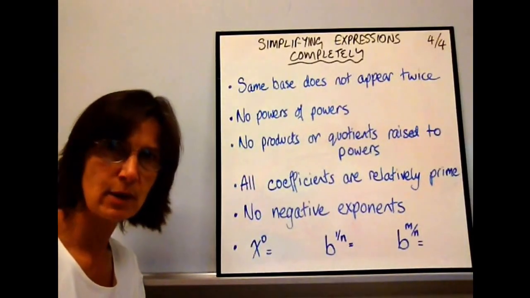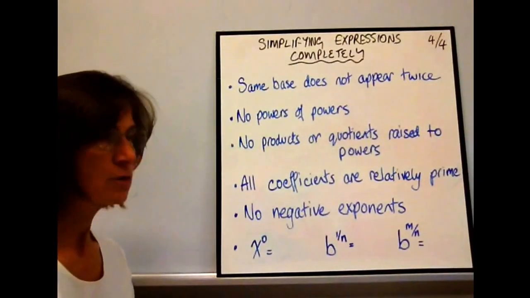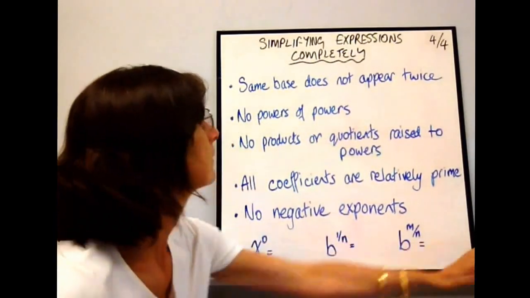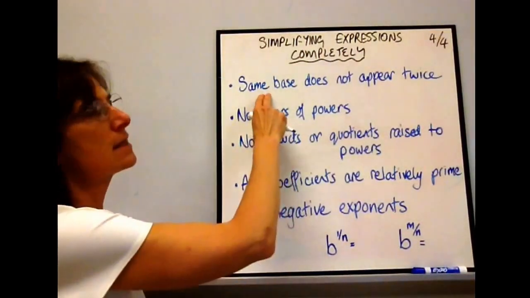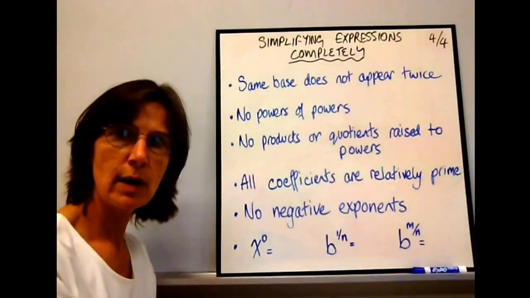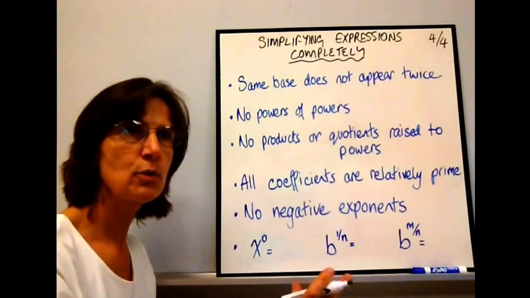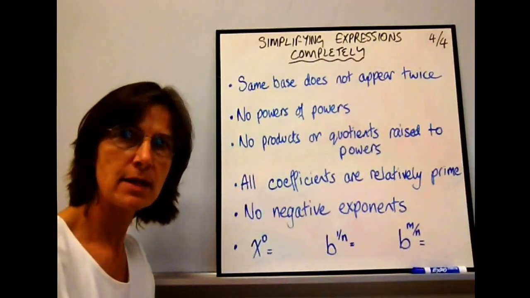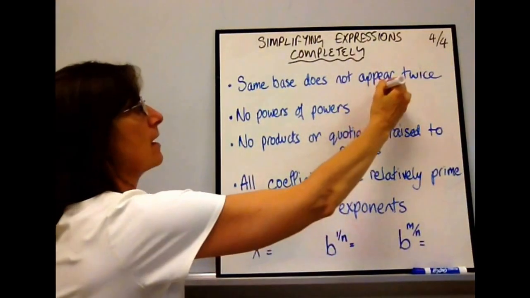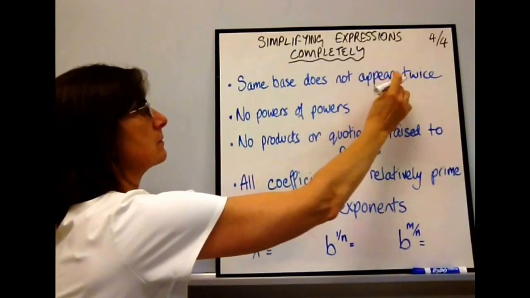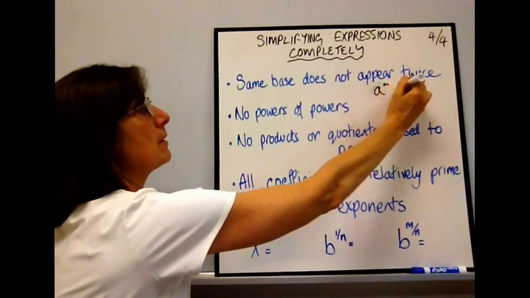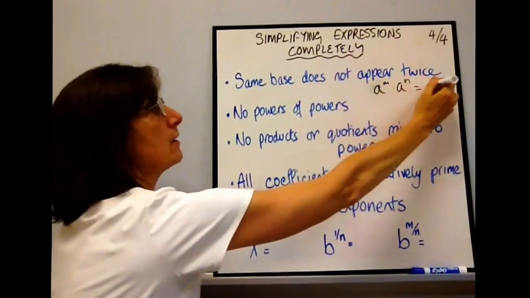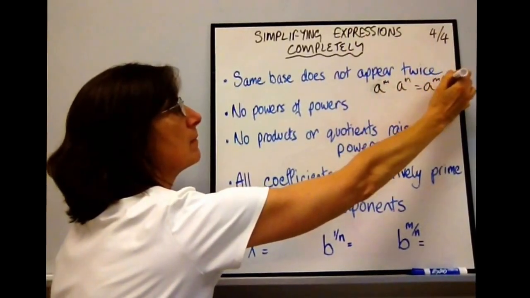This is what you have to be on the lookout for. So we get a different colour marker. For a simplified expression, the same base does not appear twice. So what properties would we use so that the same base doesn't appear twice? I would use a to the m times a to the n is a to the m plus n.